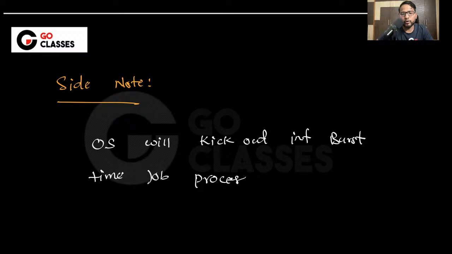What do you think? Will OS kick it out naturally? That, okay, it is not doing anything, then OS will kick it out. Do you think so? Yeah. So remove this word "potentially" and let me know, does this answer change?